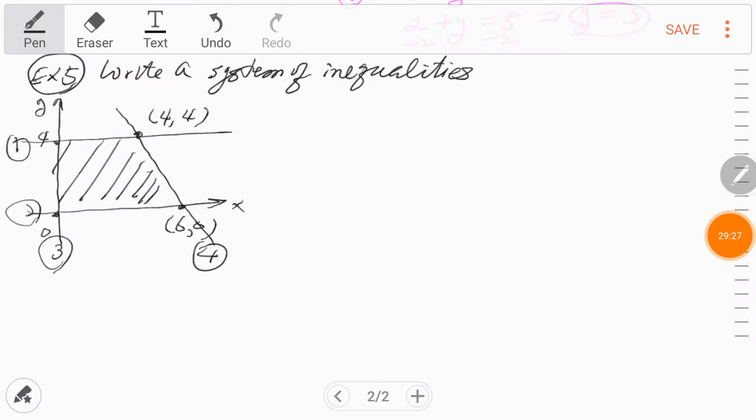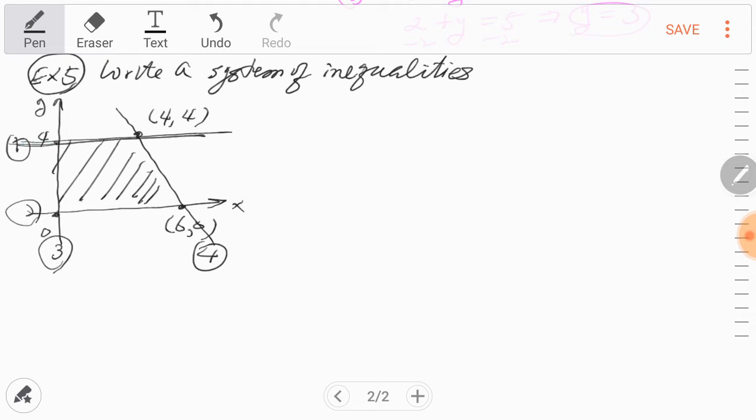Okay, in this example, the solution and the graph are given, so let's write a system of inequalities. Since the solution is the center, it looks like it is below the horizontal line.